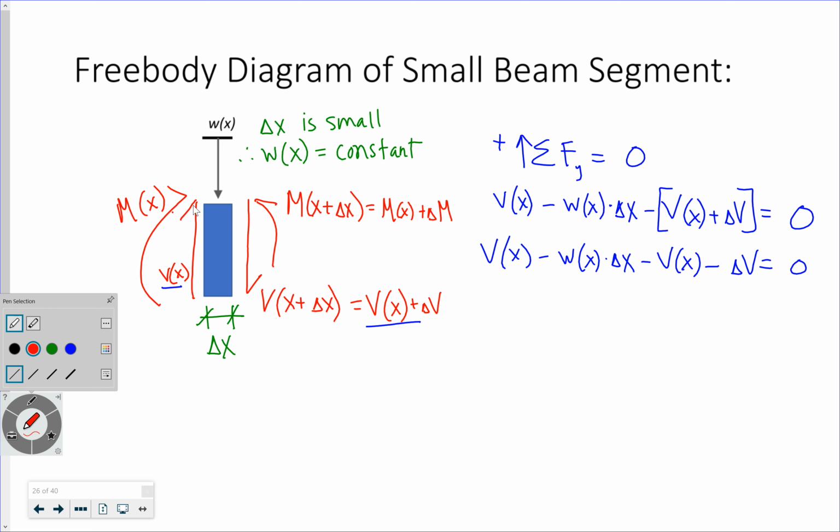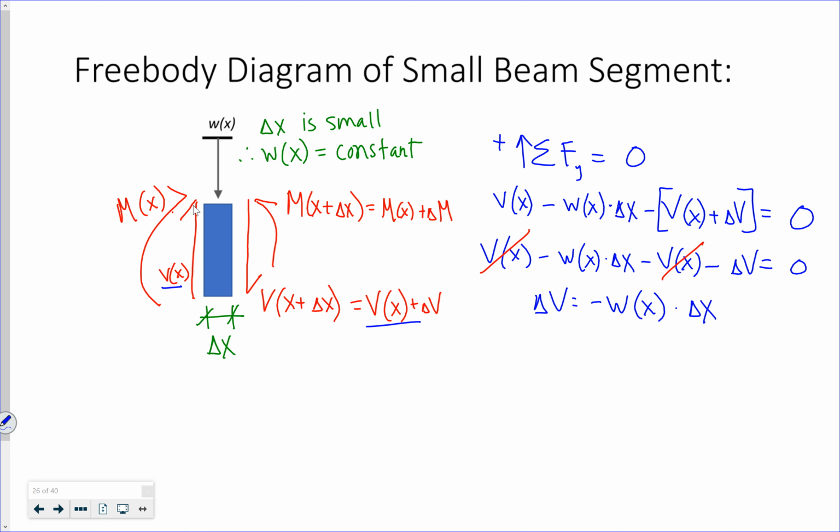So V of x minus V of x, that can go away. And if I solve for delta V, I get negative W of x times delta x. If you all took calculus, you might see where this is going, right?